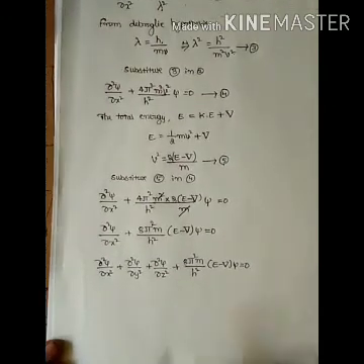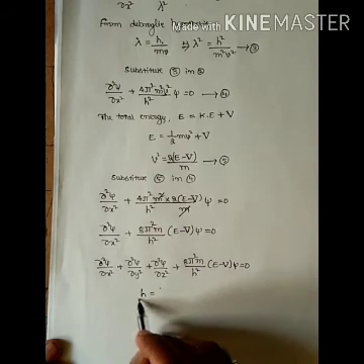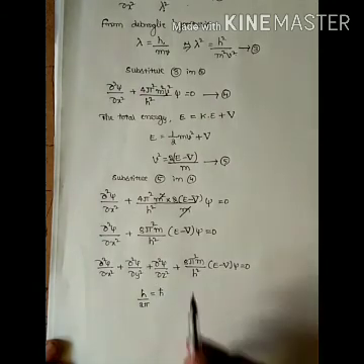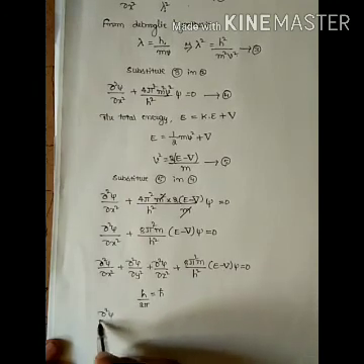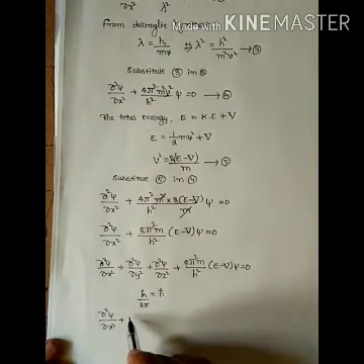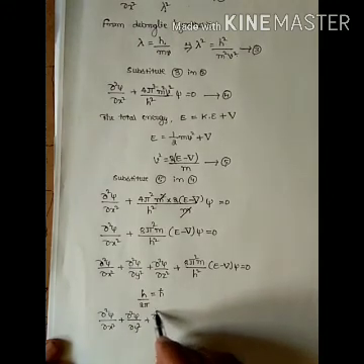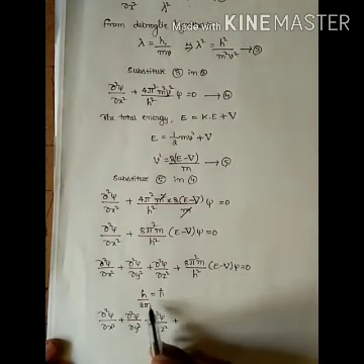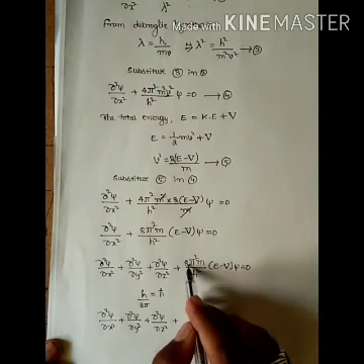Okay, but here we are well aware that the value of h by 2 pi can be simply written as h cross. So by introducing this h cross in the above equation, we can write it as dou square psi by dou x square plus dou square psi by dou y square plus dou square psi by dou z square plus, here h by 2 pi is equal to h cross, and here we have h by 2 pi, h by 2 pi, and again we are left with 2.